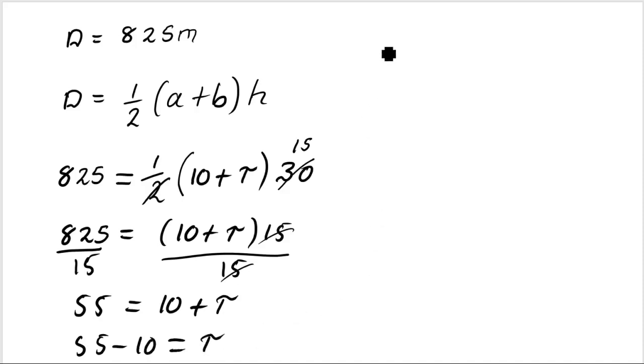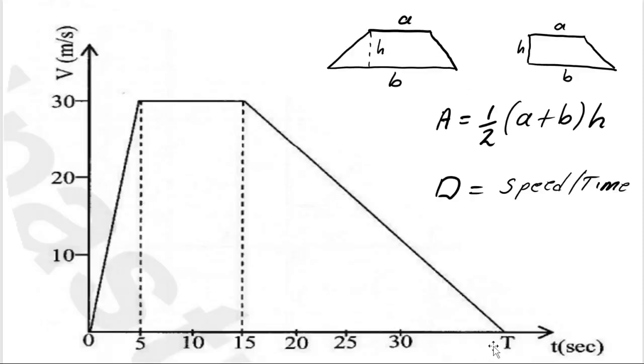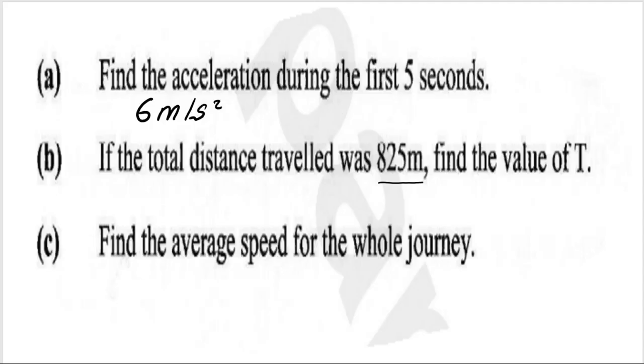So 55 minus 10 is going to give us t, which is 45 seconds. That is the time at t, which automatically is the total time that was taken. Okay, so that is simple and straightforward. Proceeding to the next question.